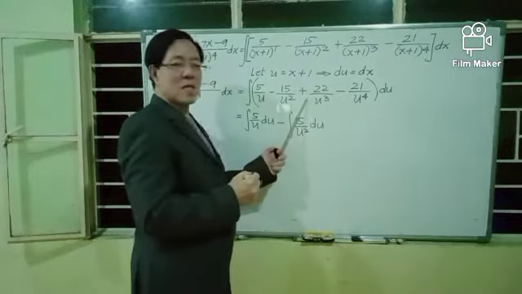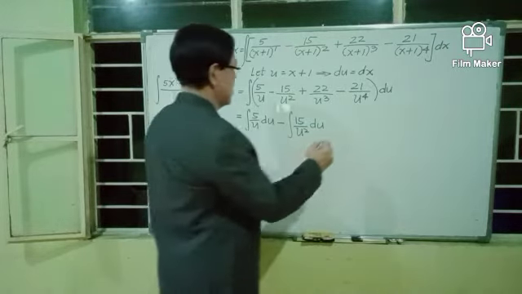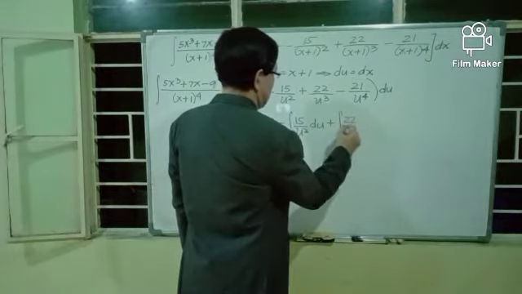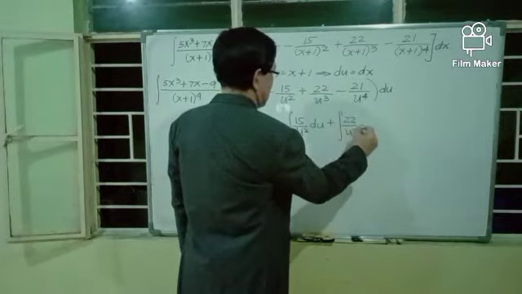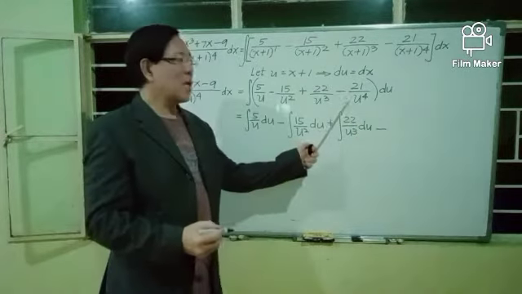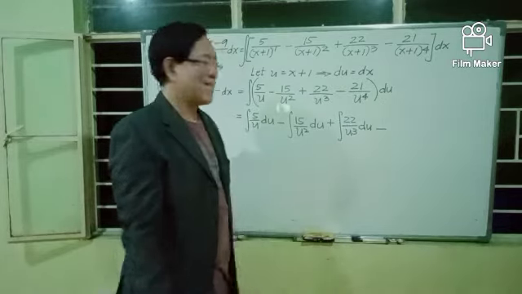The next term is the integral of 22 over u cubed with respect to u. Minus the integral of 21 over u raised to 4 with respect to u.